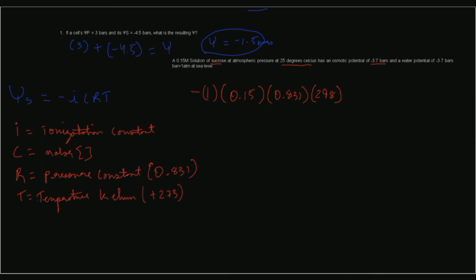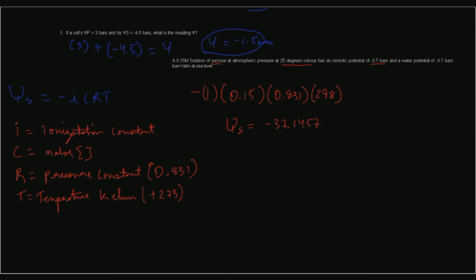So you can just plug this into your calculator. So -1 times 0.15 times 0.831 times 298. So the solute potential would be -37.1457.